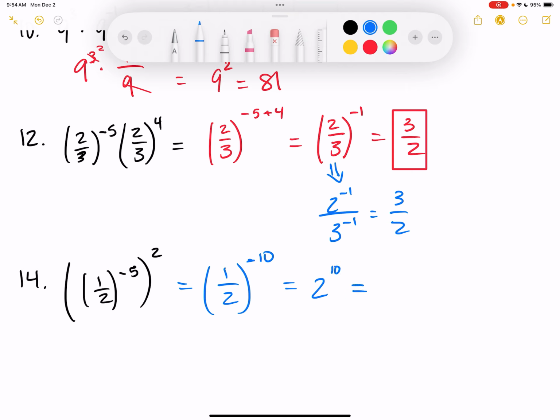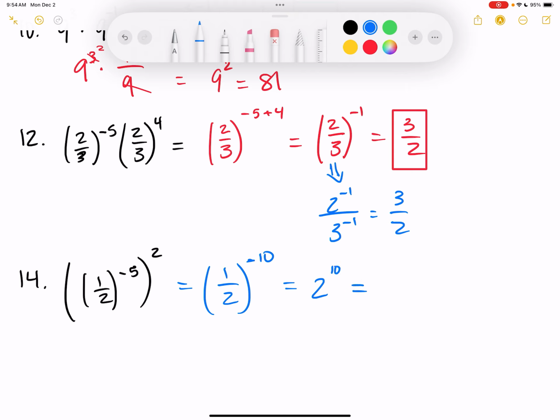All right, so what we do is, I have things with the same base and everything's being multiplied. The way that I would recommend you rewrite this is 1.2 times 6.7 times, over here, 10 to the negative 3 times 10 to the negative 7.